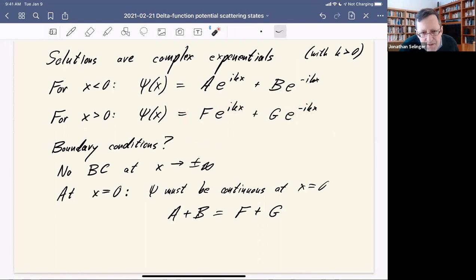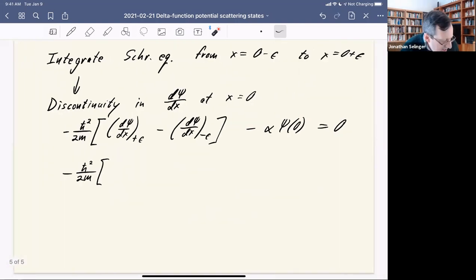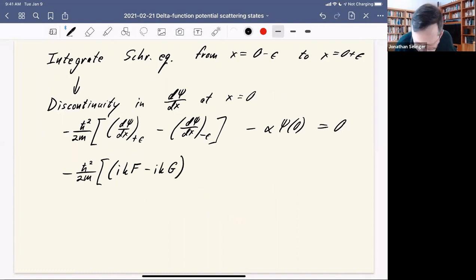Then I'll take the limit as x goes to 0, so these exponential factors go to 1. Okay, so this gives us ikF minus ikG.